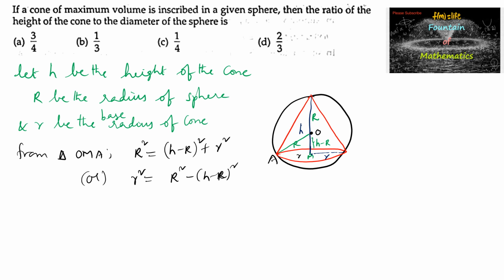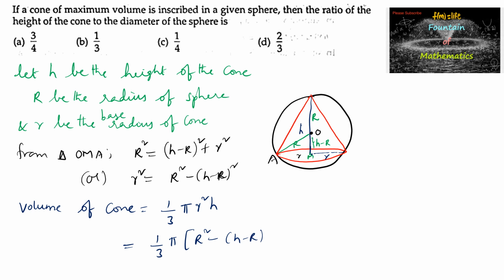And let us consider the volume of the cone. Volume of cone is equal to 1 by 3 pi r square H, which is equal to 1 by 3 times pi into (R square minus (H minus R) whole square) into H.